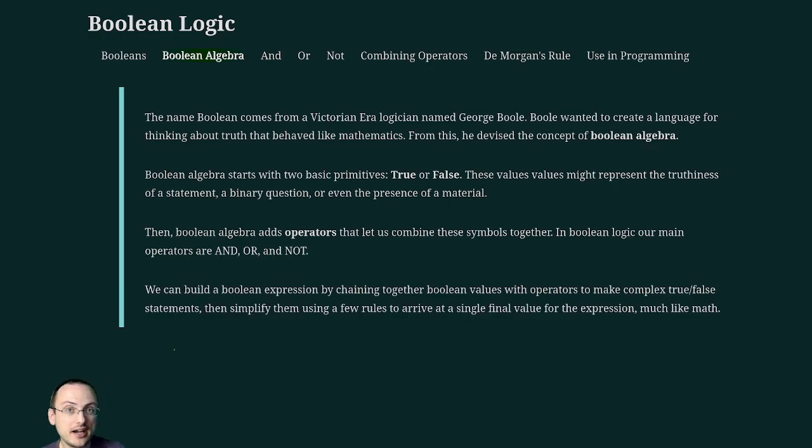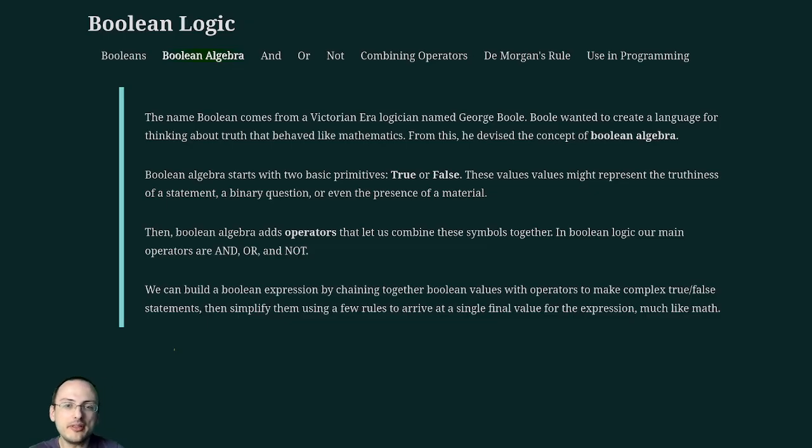In Boolean algebra, we actually have a completely different set of operators. Minus doesn't make sense. What is true minus false? Instead, in Boolean logic, our operations are and, or, and not.